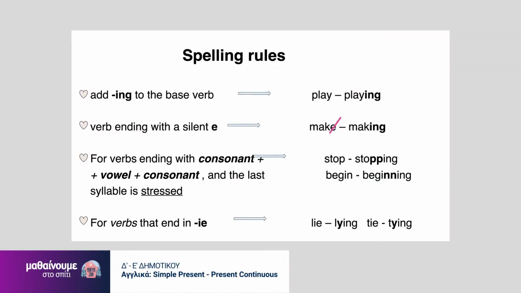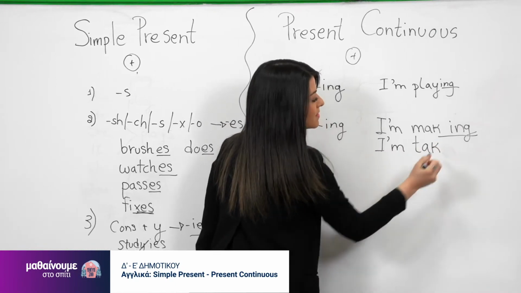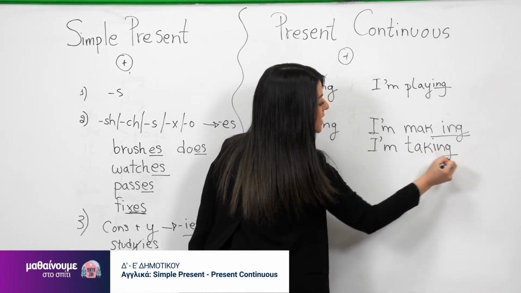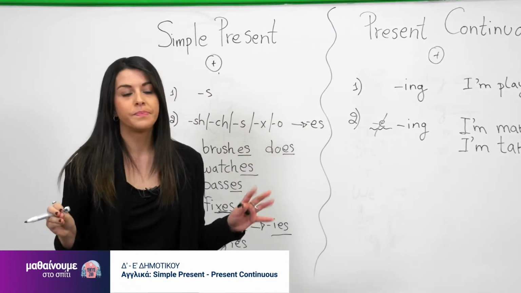Do you see it like this? We can't do it like this with two vowels, one next to the other here. We erase the E. So it becomes I'm making. Or take. I'm taking. We erase the E, ing. Taking. Okay? So this is the second important spelling rule.